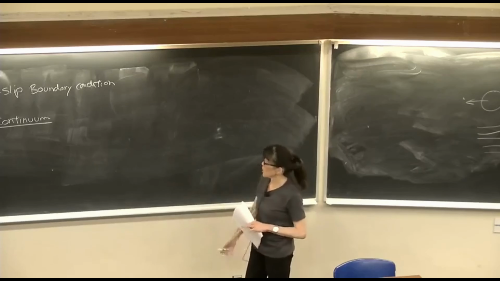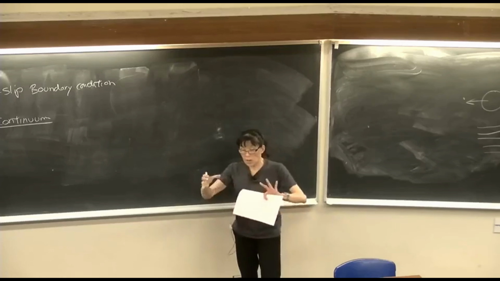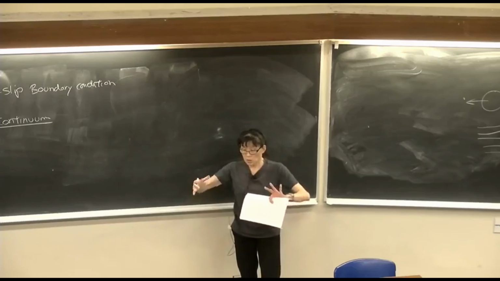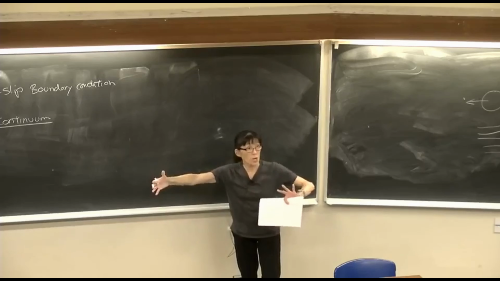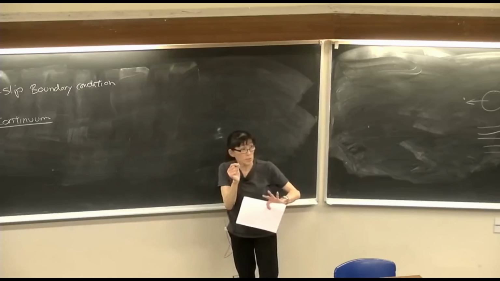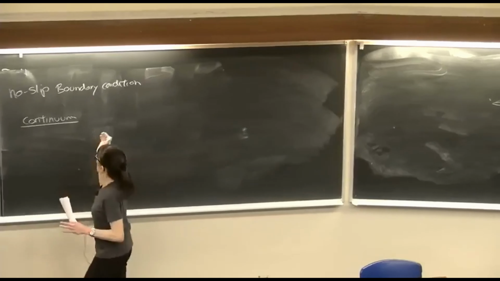We sort of described that, discrete particles. But for most applications, we're going to consider the flow domain much larger than the spacing between the molecules, or the mean molecular path, or the mean free path.